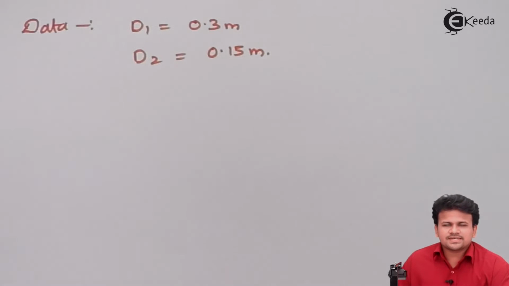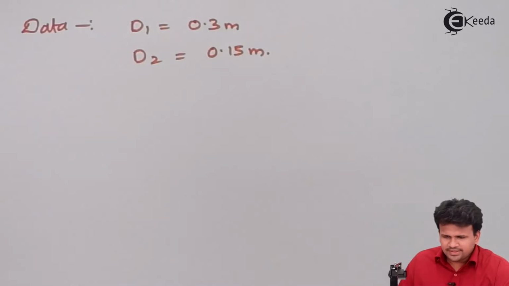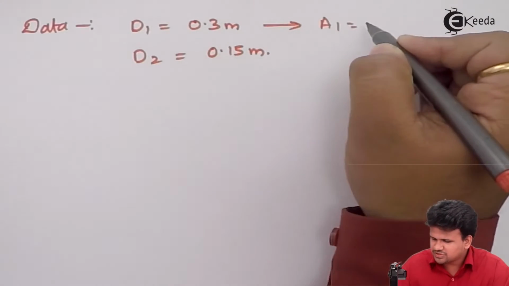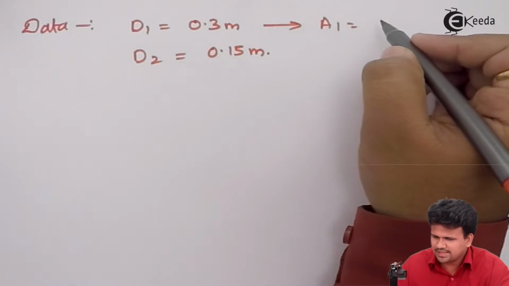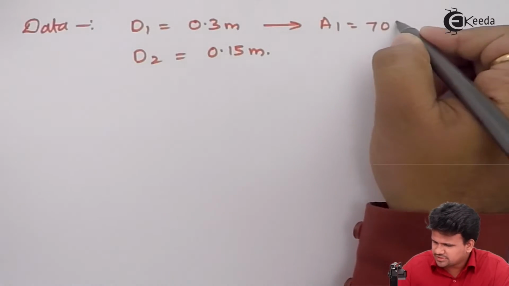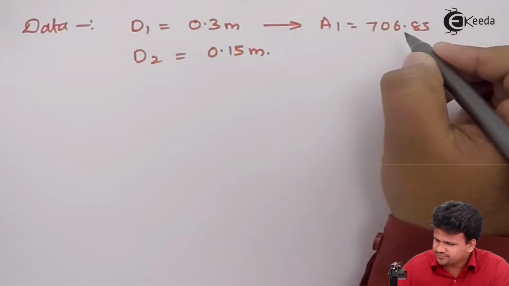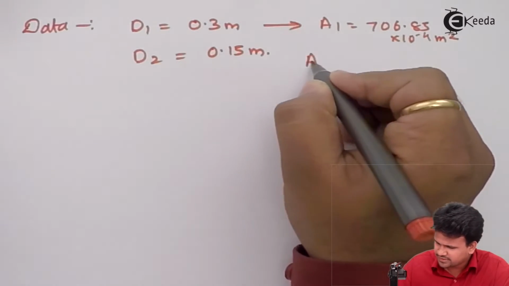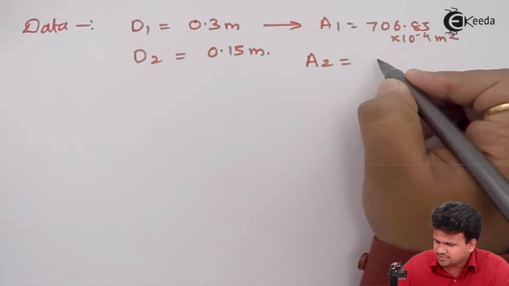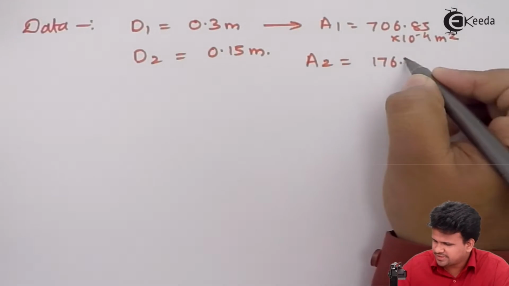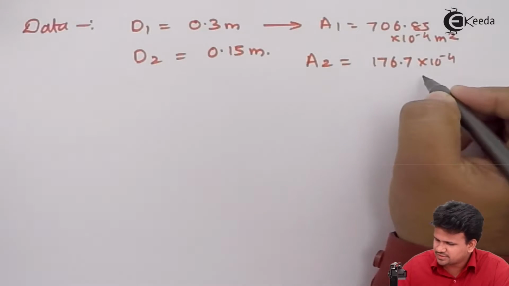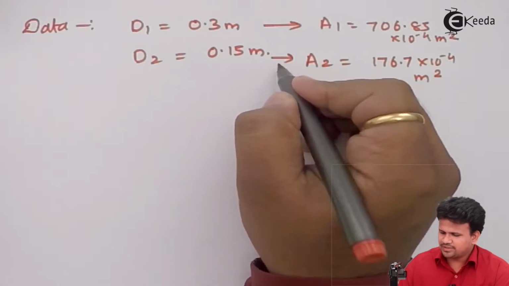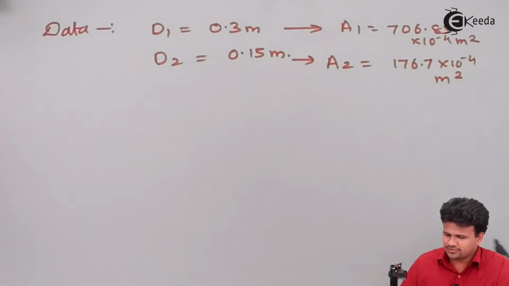Then we can calculate its corresponding area A1, which will give us 706.85 into 10 to the power minus 4 meter square. Similarly, A2 is equal to 176.7 into 10 to the power minus 4 meter square. That is the corresponding area A2, the cross-sectional area of the throat.